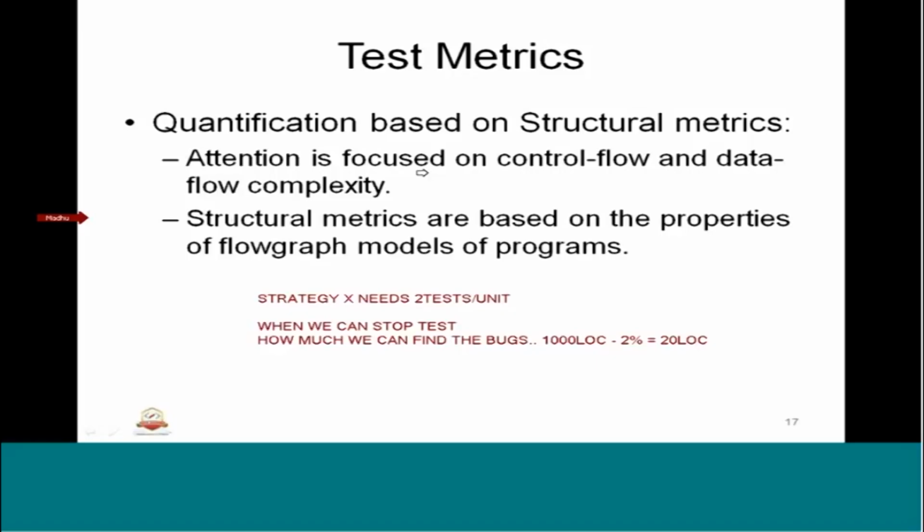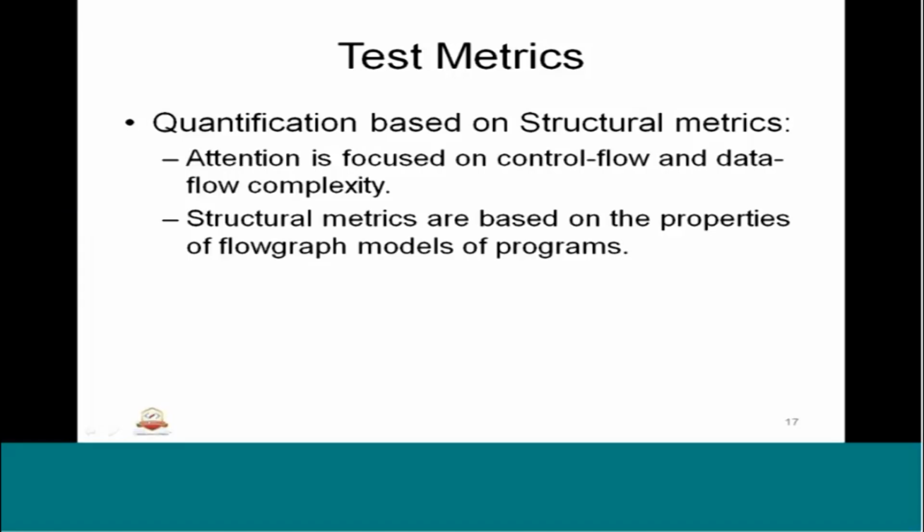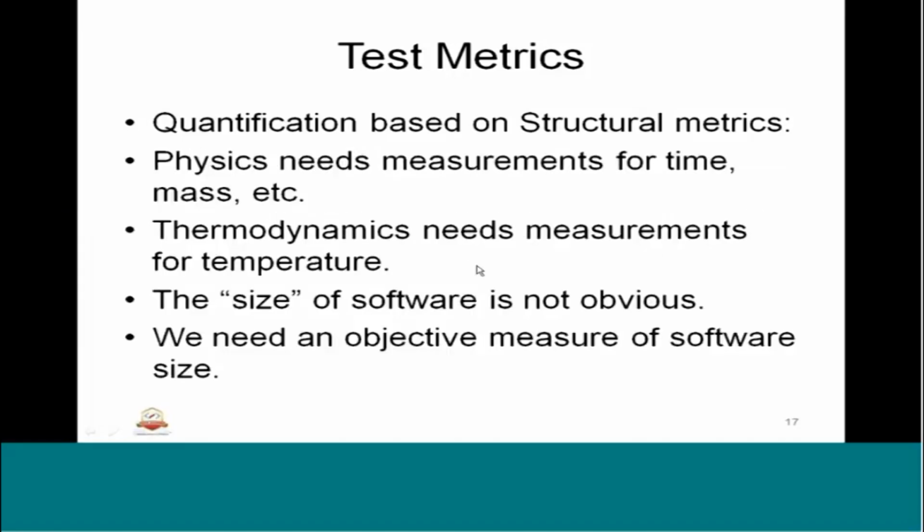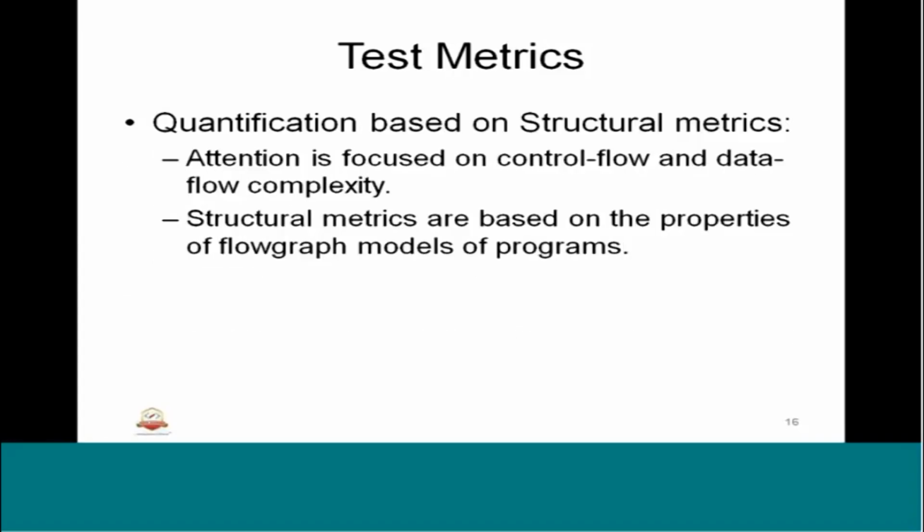Weightage, structural matrix, quantification is all we have to take care of when we do the test matrix. So we are not going by the size of the software when we capture the test matrix. It is going by the test strategy and the structural aspects of the software. The structural aspects could be control flow, data flow, and the complexity of the program likewise.